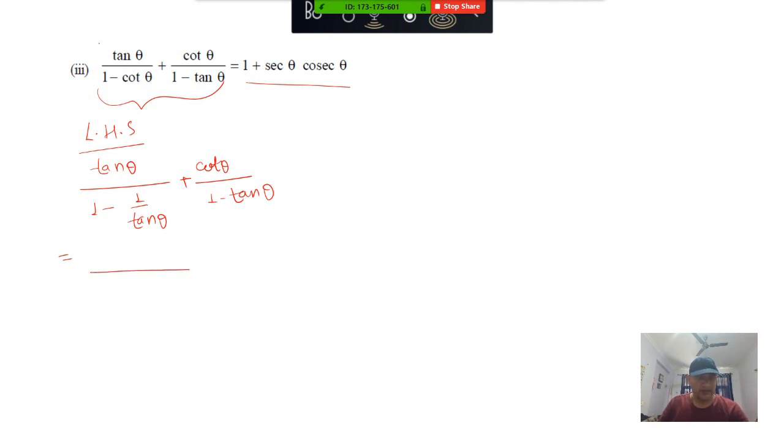So at the denominator, let's take LCM as tan theta, and you get it as tan theta minus 1, and then at the numerator you have tan theta, plus the second term remains as it is, cot theta upon 1 minus tan theta.